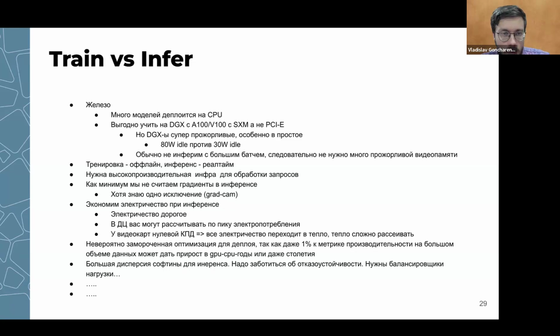Actually, when we infer with already trained neural networks, we have a lot of differences in everything: in environment, in batch sizes, in what we compute, how we compute, and so on.